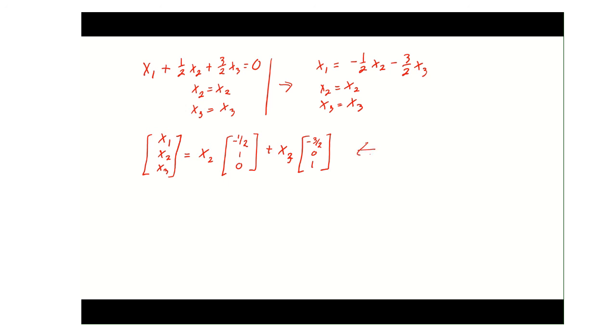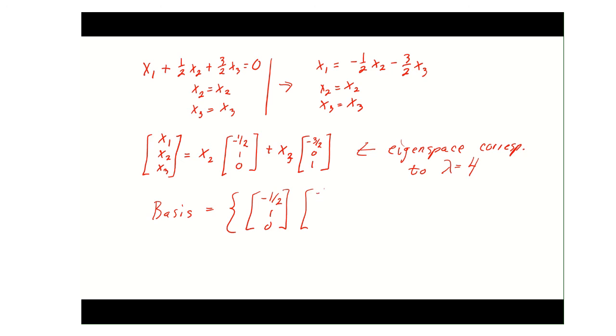That is the equation for our eigenspace that corresponds to our eigenvalue, lambda equals 4. We were looking for a basis, so the basis is the 2 vectors negative 1 half, 1, 0, and negative 3 over 2, 0, 1. That's the basis.